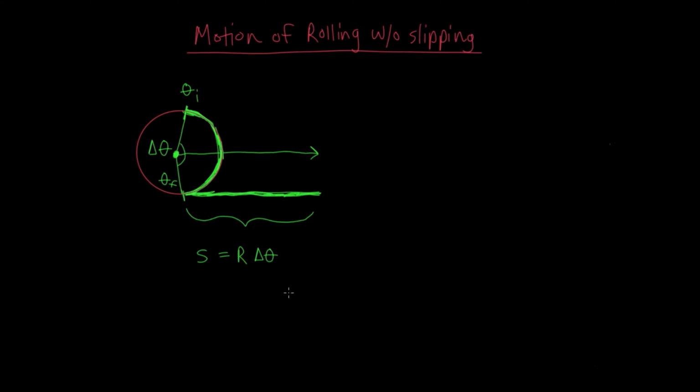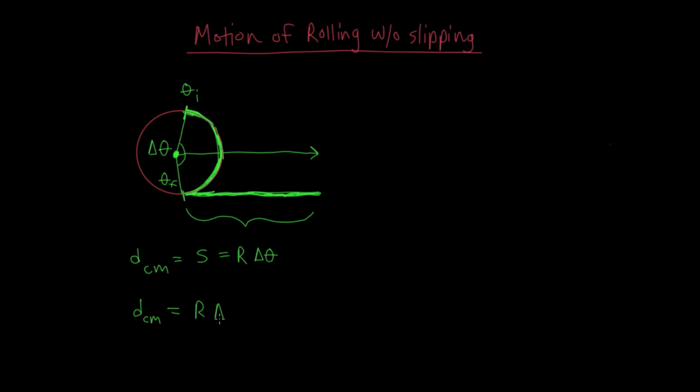So we can write that the distance that the center of mass travels is equal to the arc length of the paint on the surface of the ball, and that's equal to r, the radius, times the angular displacement.